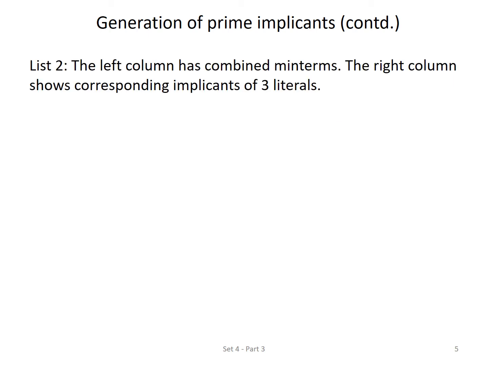The implicants that we were able to combine in list 1 shown in the previous slide are part of list 2. Our list 2 is shown in the next slide, but here I have a couple of comments. For list 2, the leftmost column has combined minterms. The right column shows the corresponding implicants of 3 literals.